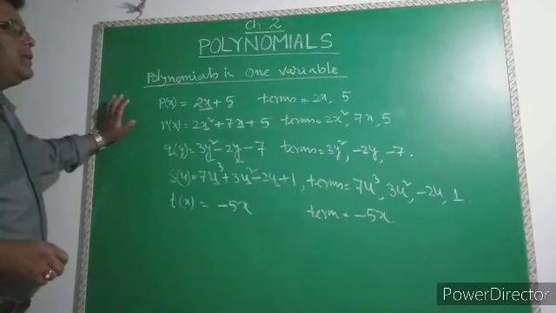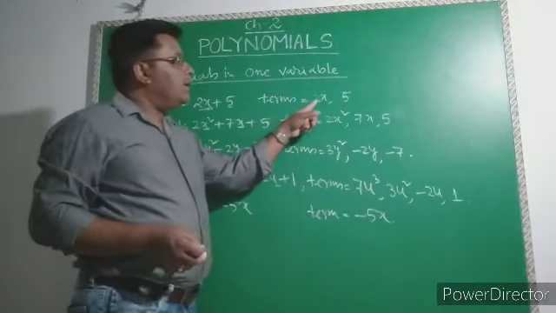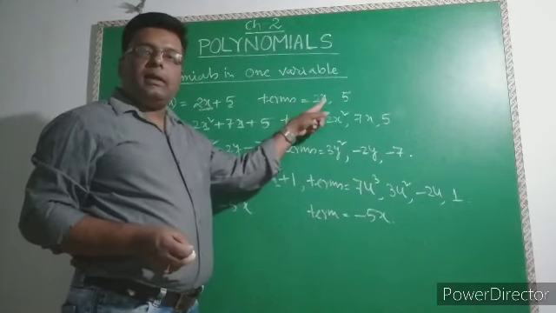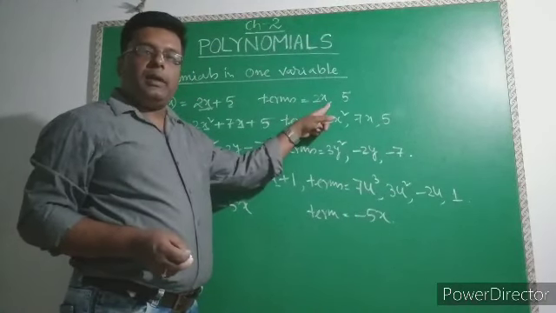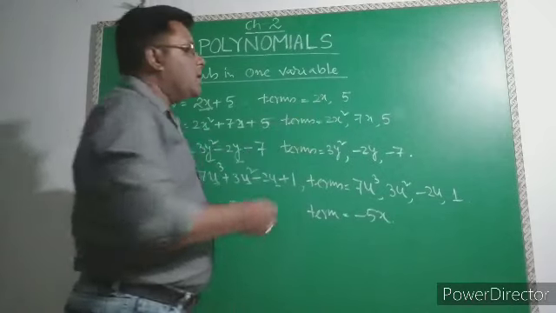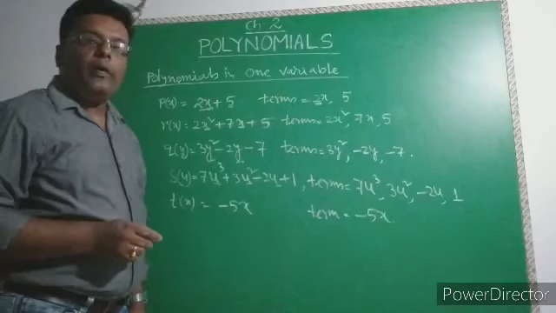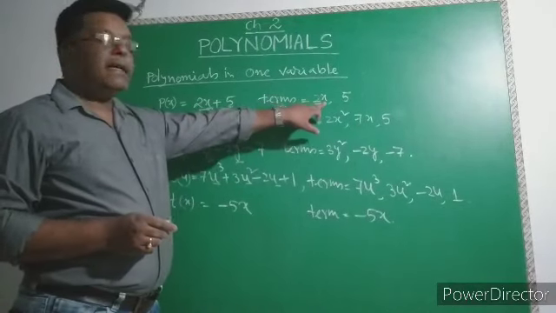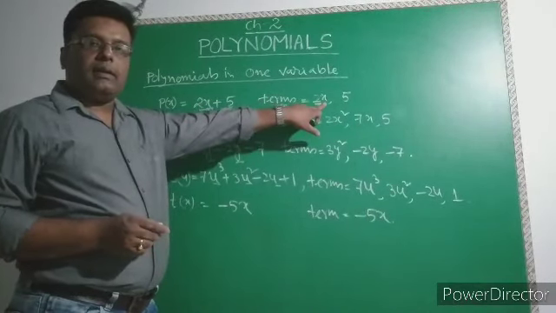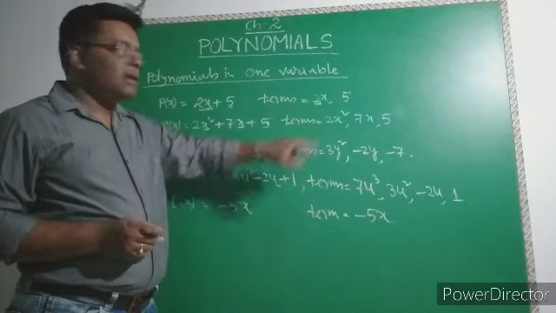Now see, in each term there is some constant multiplied with the variable, that is twice x. So here this constant 2 is called the coefficient of x.